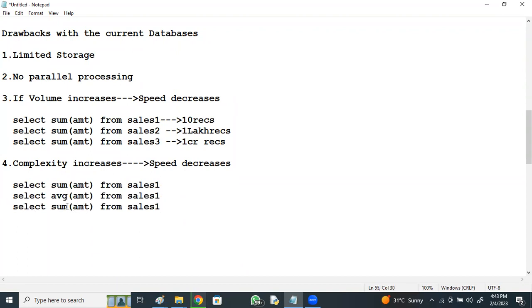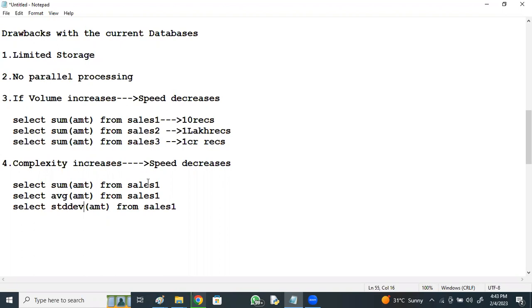Which query is going to execute faster among these 3 for the same number of records? Average amount is a 2-step process: first the sum is calculated, then the average, which takes more time compared with the first query. Standard deviation of amount requires a lot of internal processing.